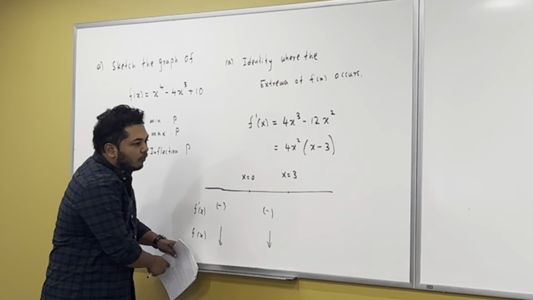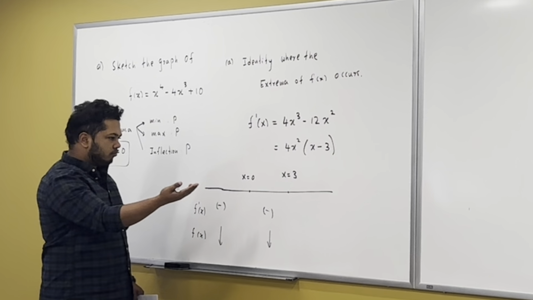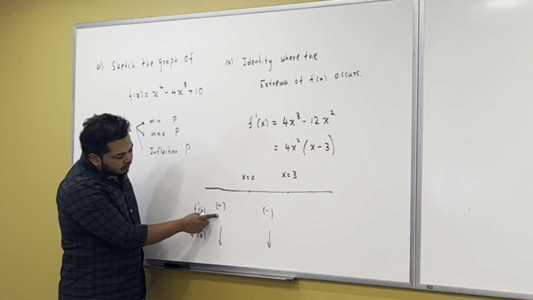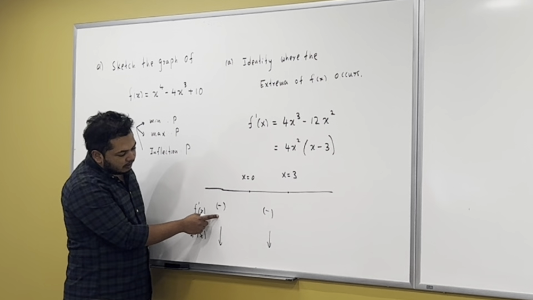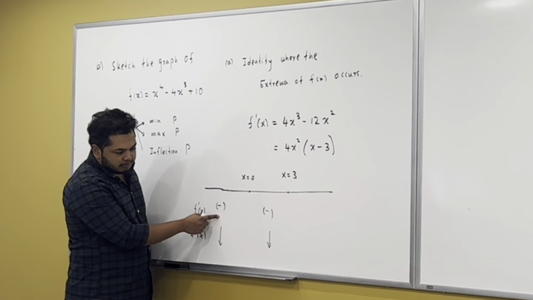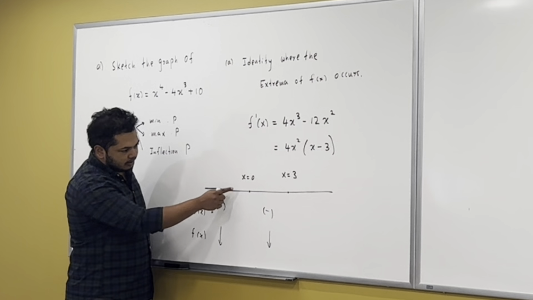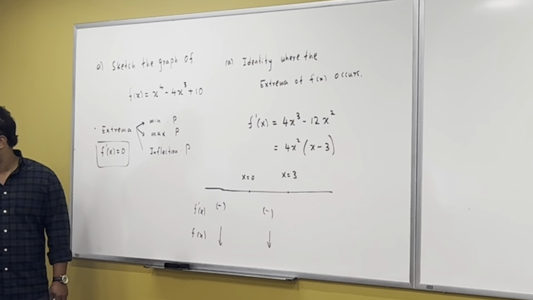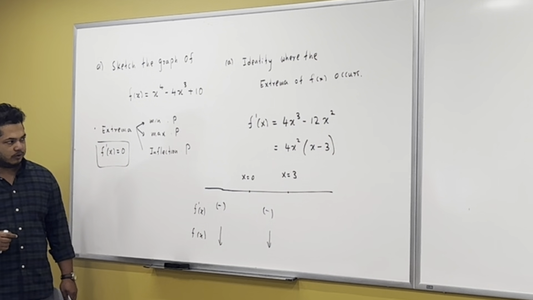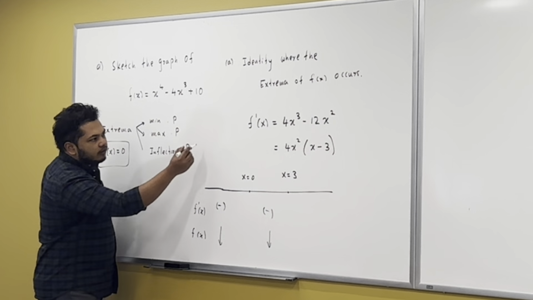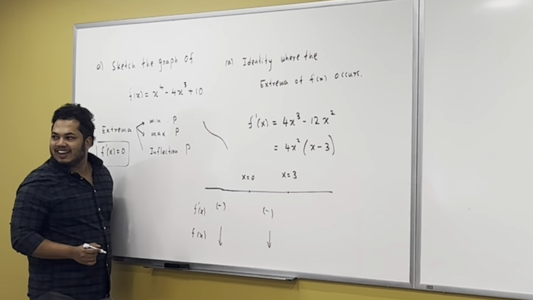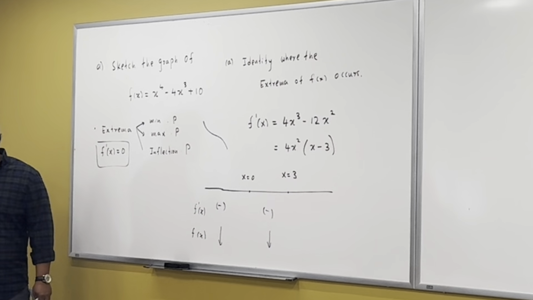Right? At x equals 0, you have a minimum, maximum, or inflection point. X equals 0, what do you have? It's decreasing and again decreasing. Agree? So it's an inflection point. It's not a maximum or minimum.